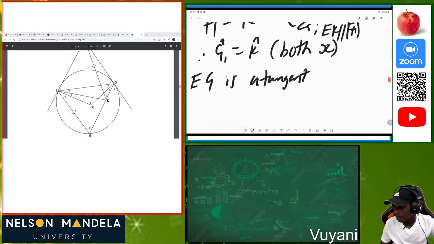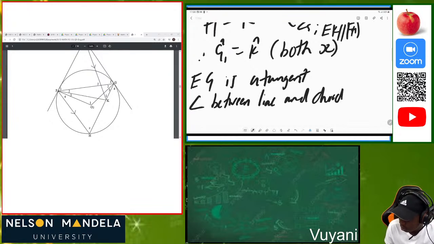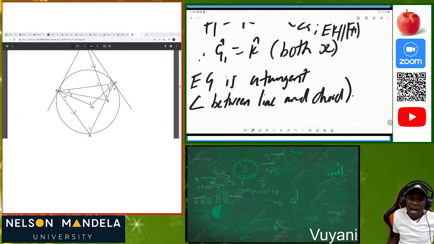Because of the angle between line and chord. Always know that if you are being asked to prove something, there is what we call the Tan Chord Theorem. Also, please be aware of how to use the Tan Chord Theorem. So this is how we prove that.